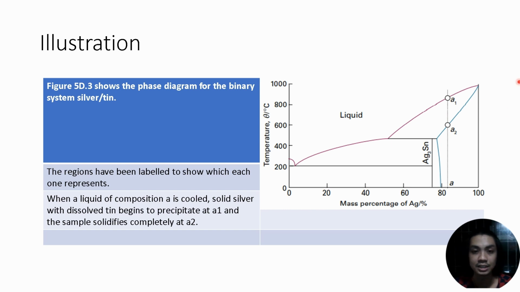It means that silver began to cool first, thus silver plus liquid is present in A1, and when the sample reaches A2, both tin and silver solidify.